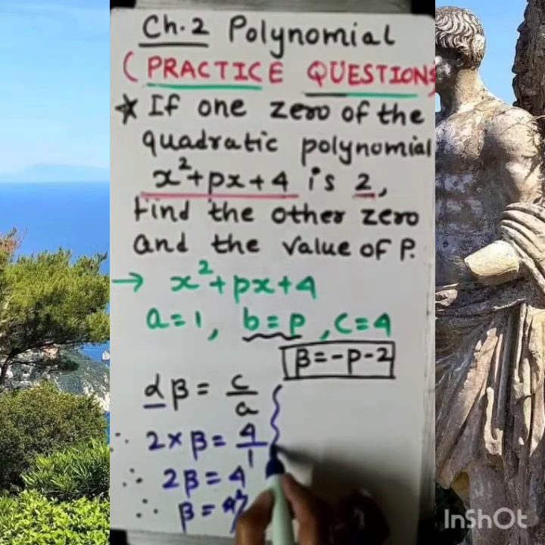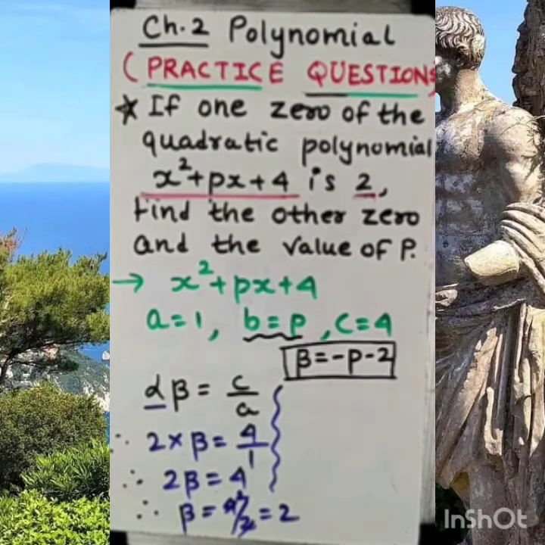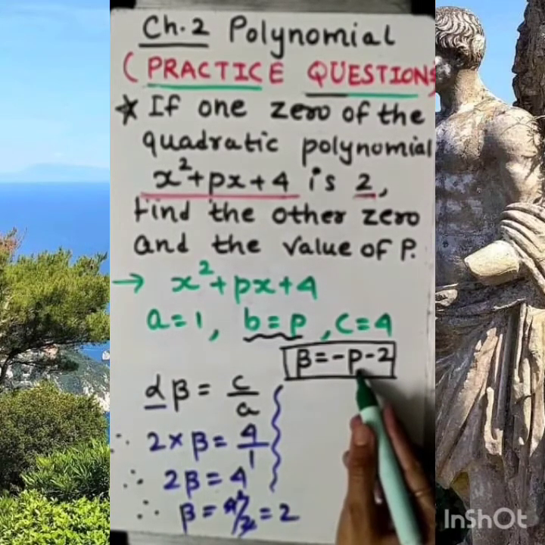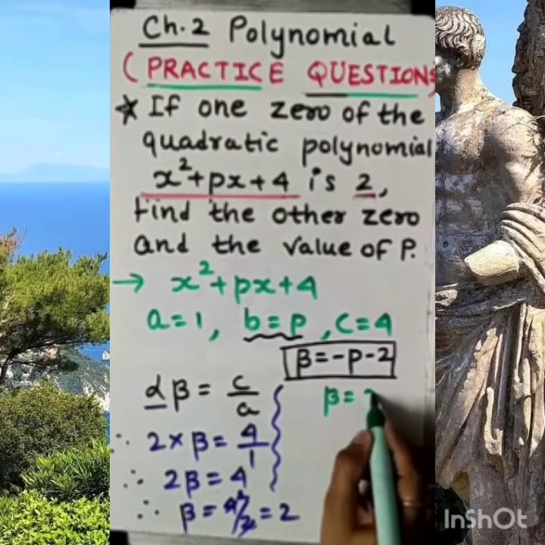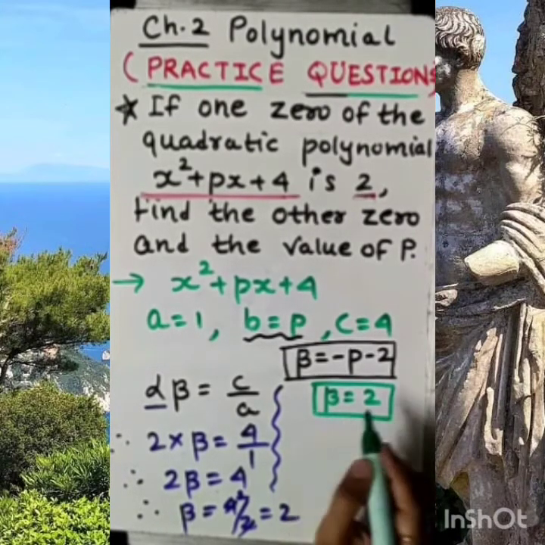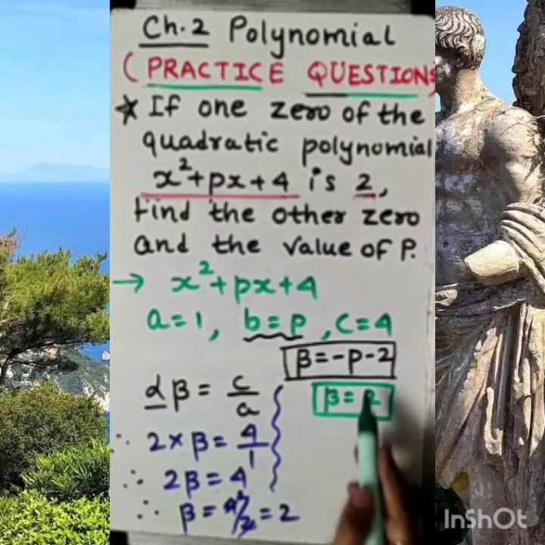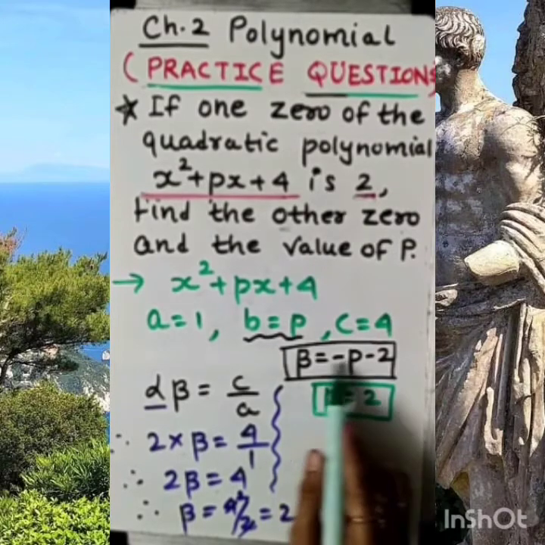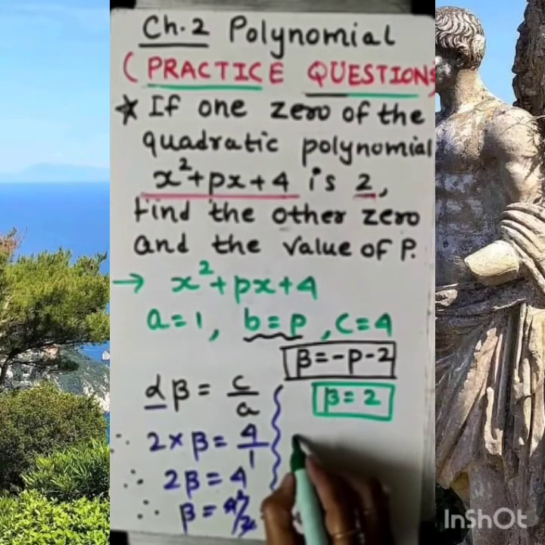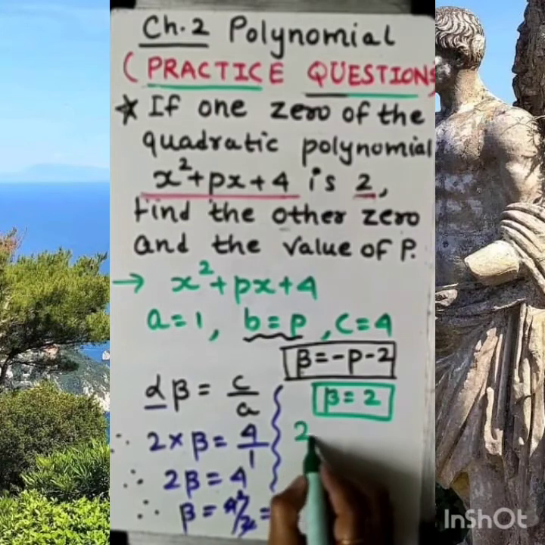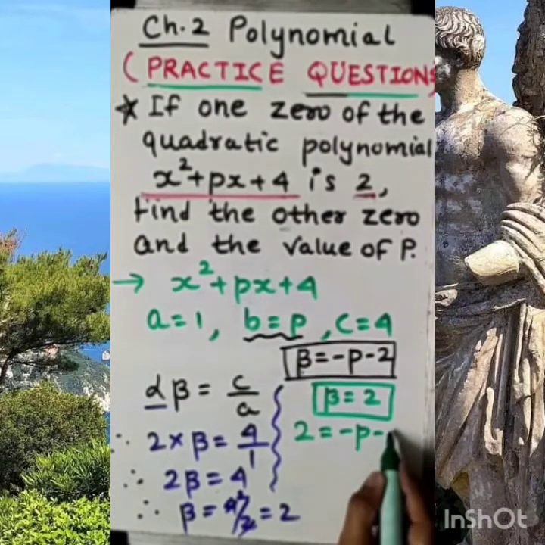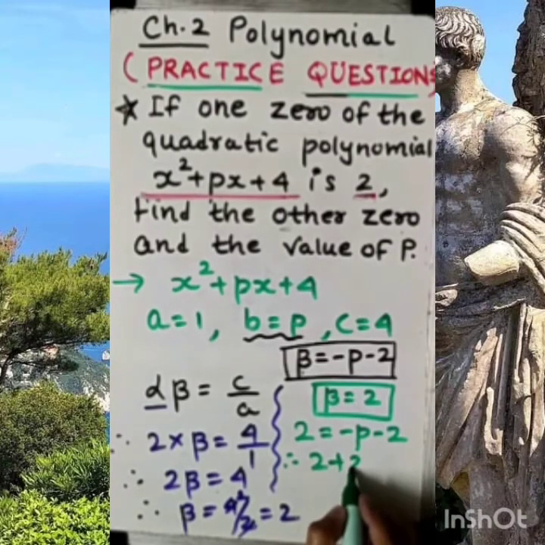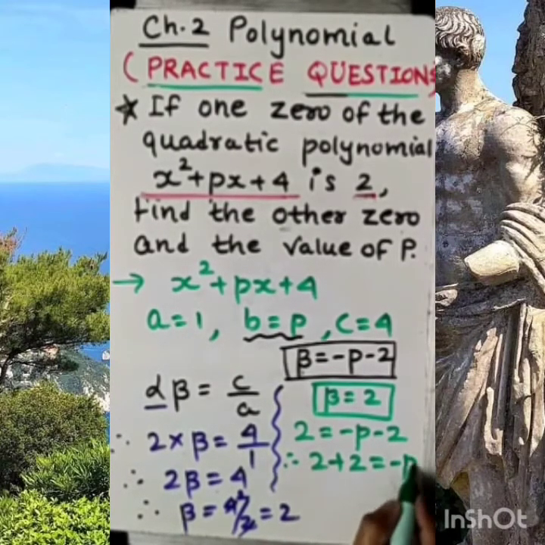Now what to do further? Let's work out. This value I am putting in place of this, so we will have the value of p. So beta equal to 2. This is the other zero of the polynomial, beta. Fine. Now this equation we found in the beginning. So in that equation I am putting this value, 2 equals minus p minus 2. Therefore, this minus 2 will come to this side as plus 2, and this is 4.